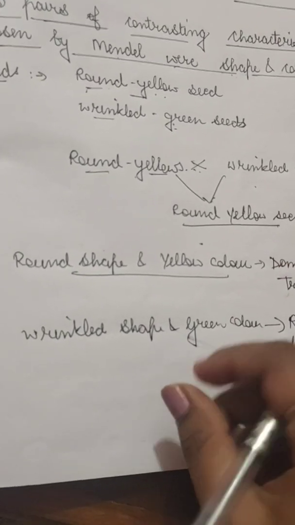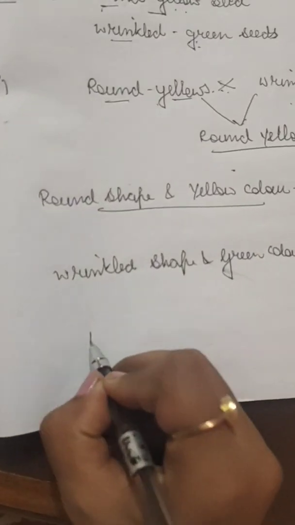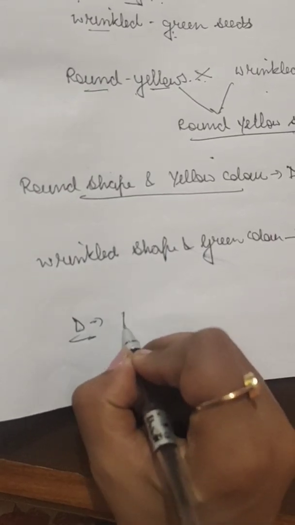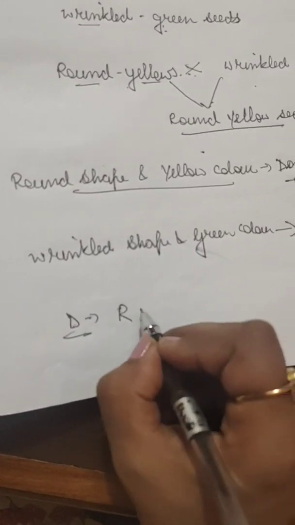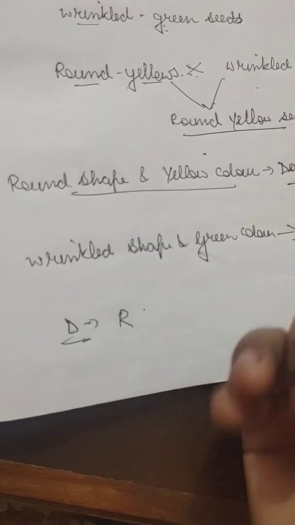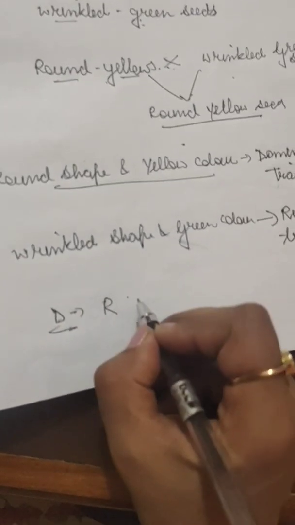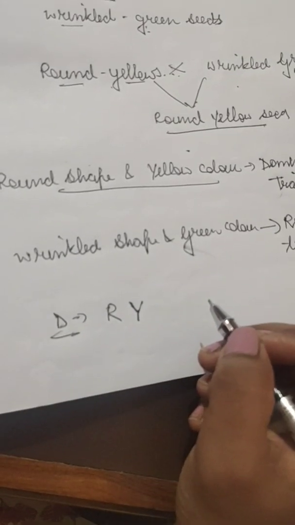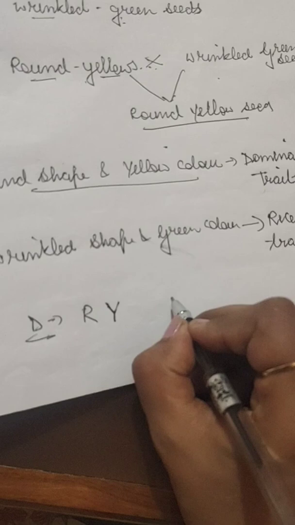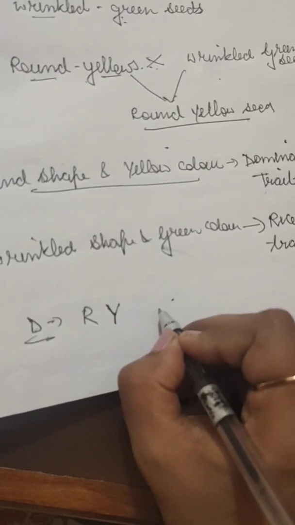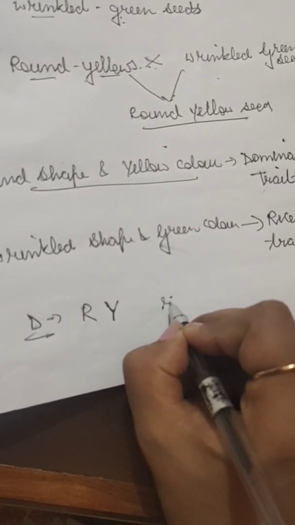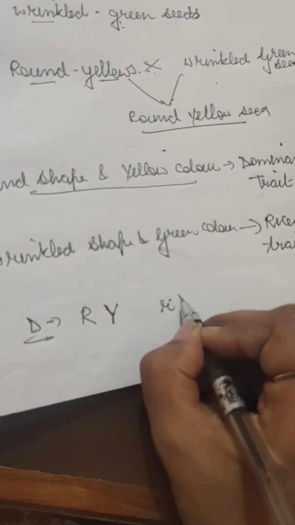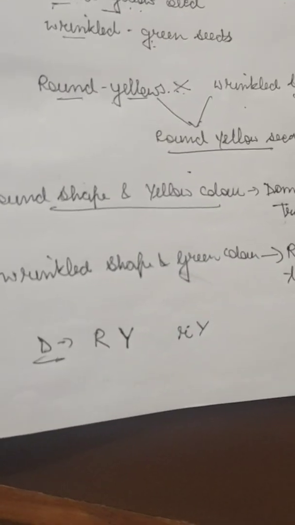For dominant we will write capital R for the round shape, and capital Y for the yellow color, which is again dominant. For the recessive traits, for wrinkled we will write small r, and for green we will write small y. So these will be the symbols.